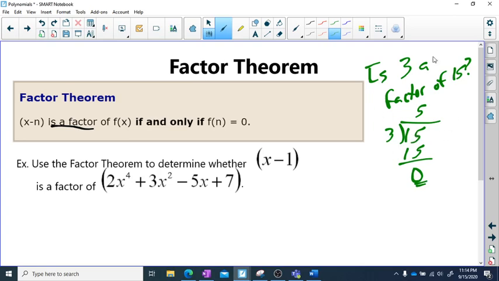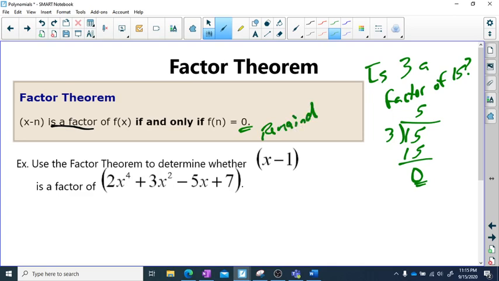We're going to apply that same thinking to this situation, because here's what it says. X take away n is a factor of f of x if and only if f of n equals 0. Well, the last theorem, remainder theorem, said if I had some polynomial f of x and I divide it by x subtract n, and I wanted to get the remainder, I would substitute n, so find f of n, and it would spit out the remainder.